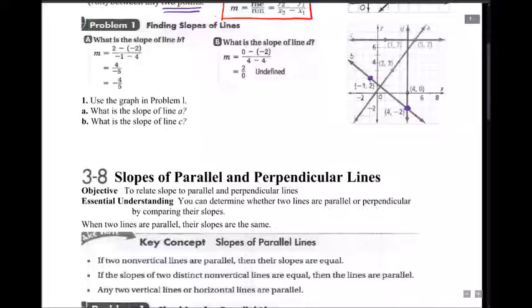So we could go down and over, and we would rise 1, 2, 3, 4. So that would be, if we do rise over run, a -4 over, and how many do we run? 1, 2, 3, 4, 5. A -4 over 5. And you always simplify your fraction if possible.